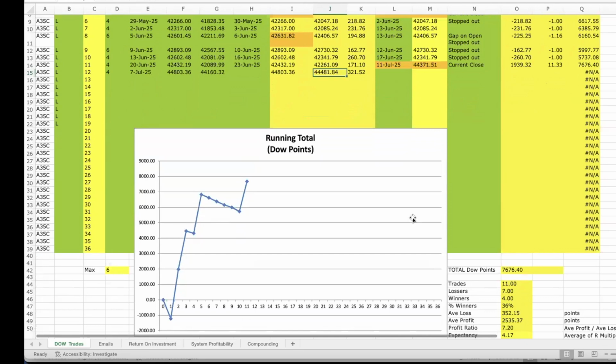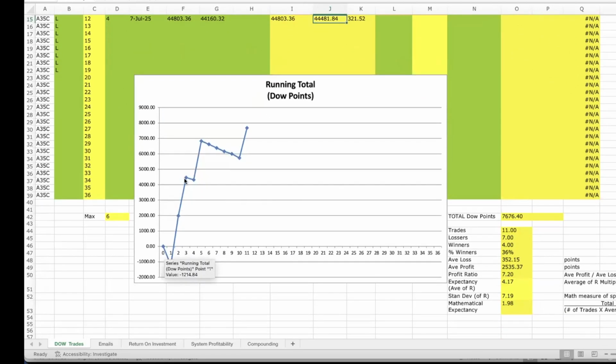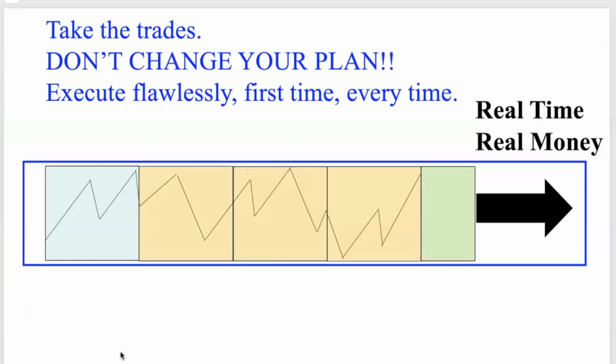And there's the chart of it, showing that we've had 1 loss, 2 losses, 3, 4, 5, 6, 7 losses, and 1, 2, 3, 4 profitable trades. And there's all sorts of information over here, which unpacks some metrics in terms of being able to measure how good this is. And at this point in time, it's pretty darn good.